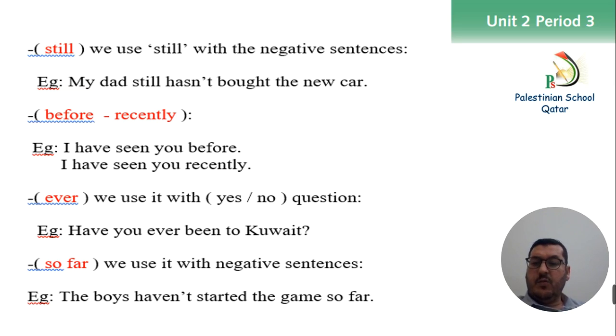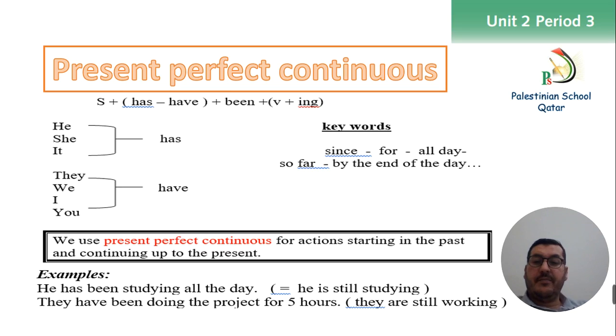Ever, we use ever with yes/no questions. For example, have you ever been to Kuwait? So here we use ever in a question, and so far we use with negative sentences. For example, the boys haven't started the game so far.